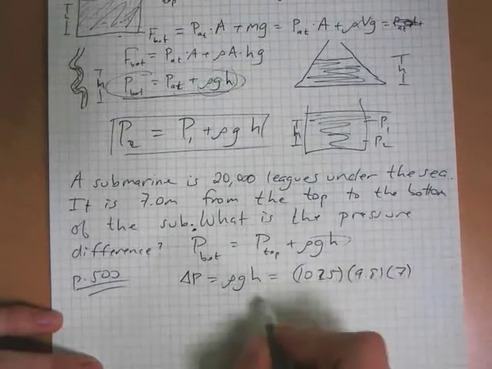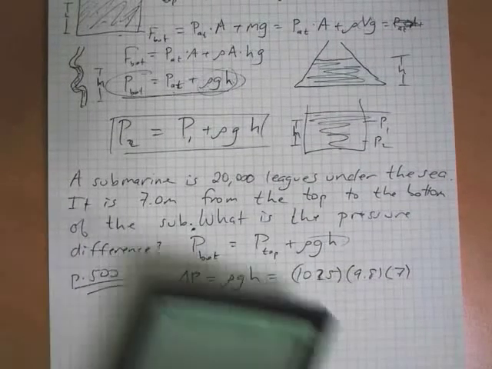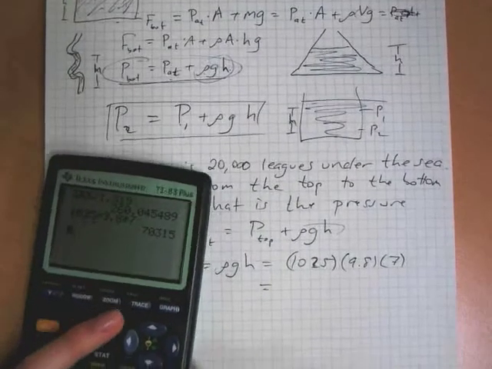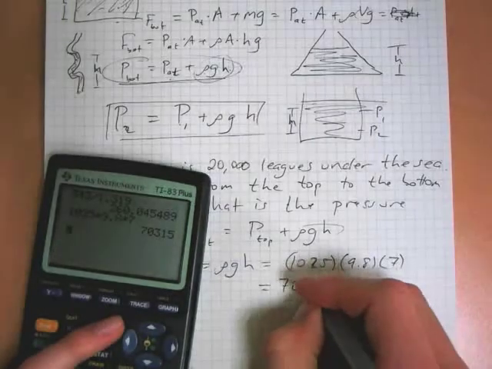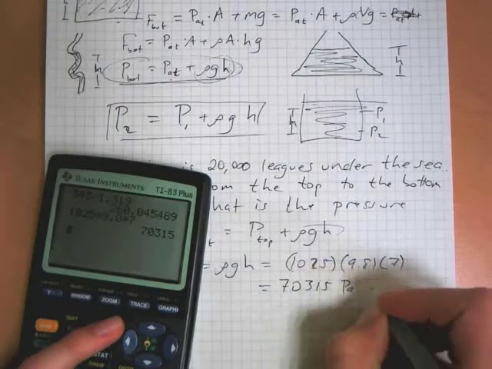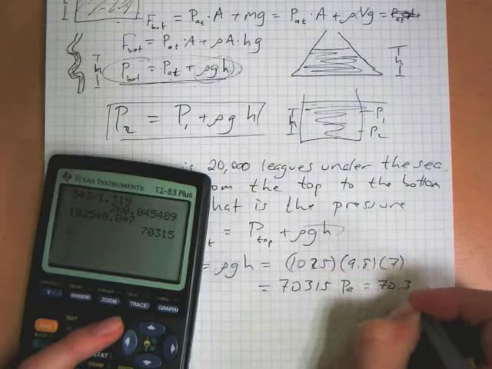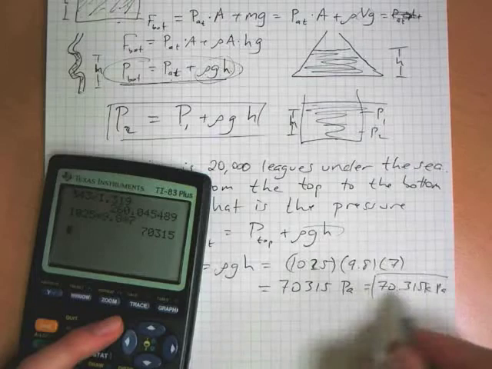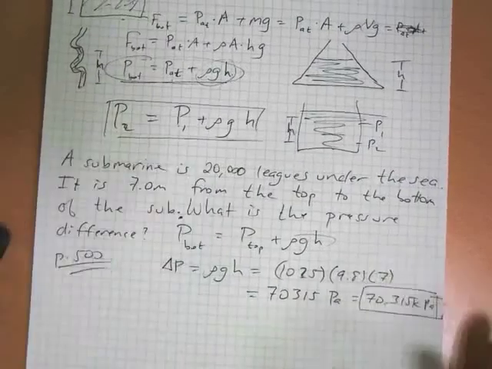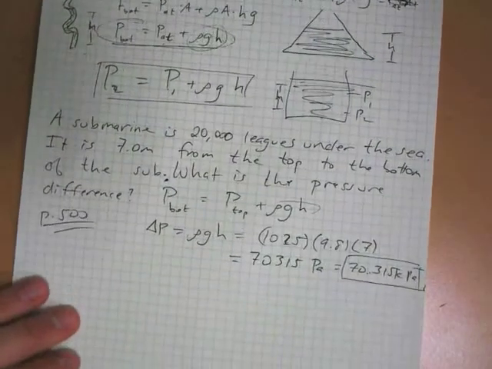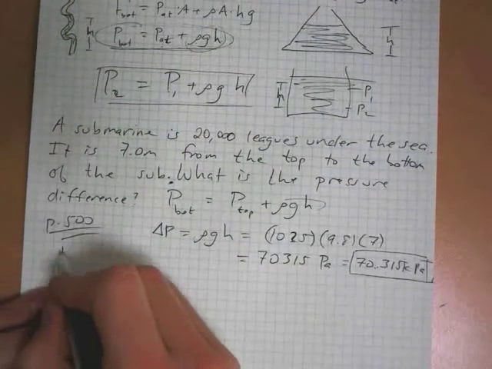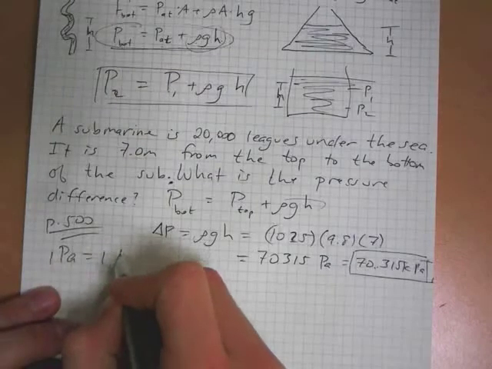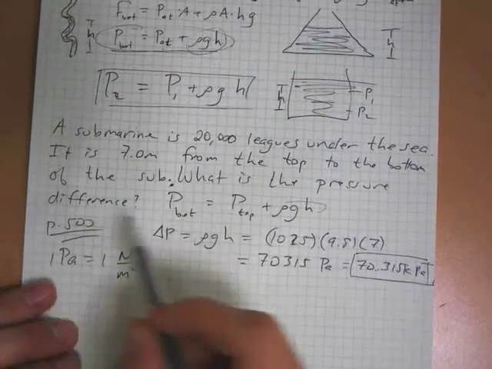So the pressure difference between the top and bottom is 1025 times 9.8 times 7, which is about 70,315 pascals. A lot of times, because of the ranges involved, pressure is given in kilopascals, as you read in your book. A pascal is a newton per meter squared, which makes sense as pressure is force per area.